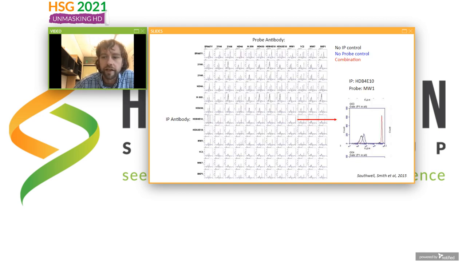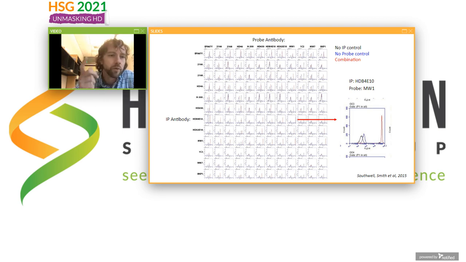The first thing that we had to do to measure mutant Huntingtin was to screen all of the antibodies that we could get our hands on. I think these are 13 commercially available antibodies, and we used them each as an IP on the left and as a probe in the columns here.